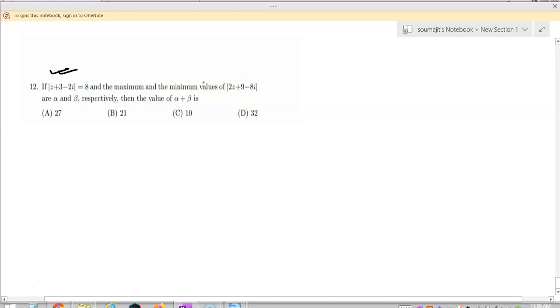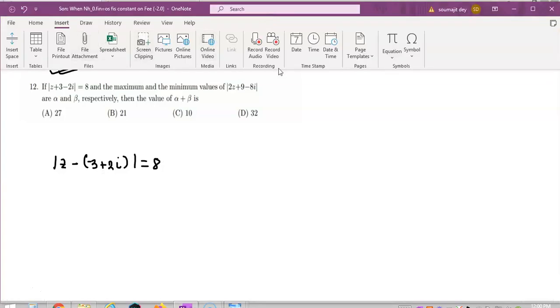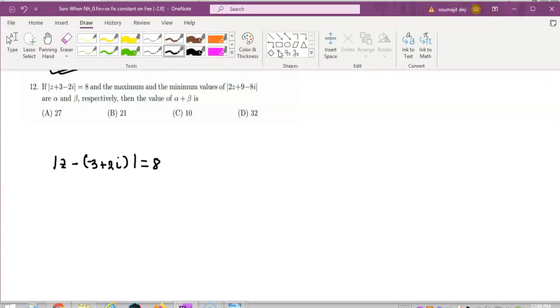For this, first of all, you can see that this is a circle whose center is at -3 + 2i. So I can write it as mod of z minus (-3 + 2i) is equal to 8. So this is a circle with this center and radius 8. I am drawing the axes.